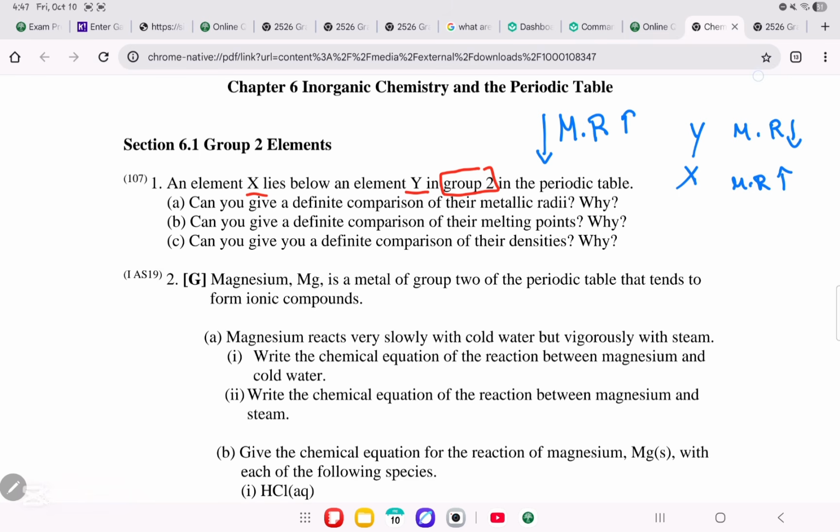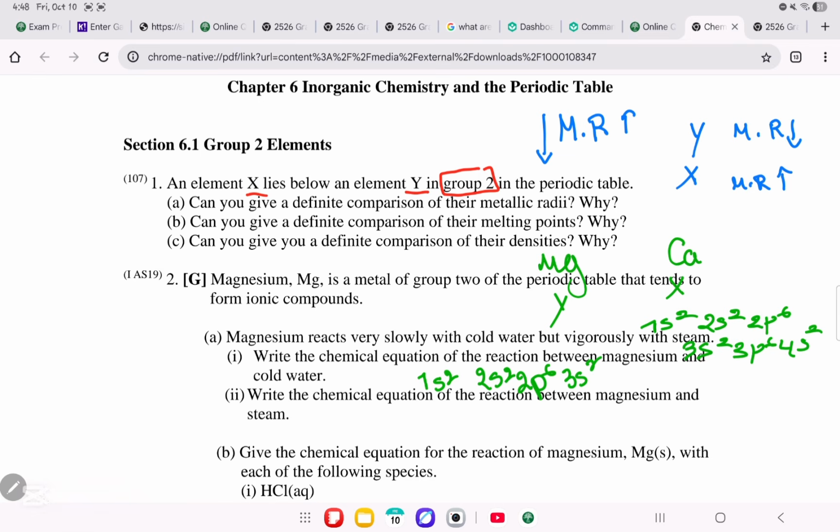occupied principal shells. For example, take magnesium and calcium as two examples. Calcium is going to be X, magnesium is going to be Y. The electronic configuration of magnesium is 1s2, 2s2, 2p6, 3s2. For calcium, it's 1s2, 2s2, 2p6, 3s2, 3p6 and 4s2. So as you can see, they have a greater energy level.